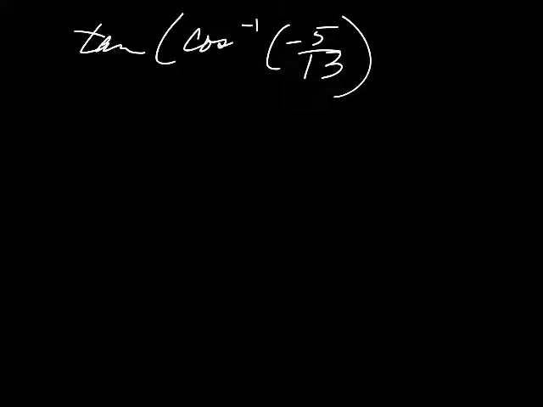So let's look at B of example 5, where we have the tangent times the cosine inverse of -5 over 13. Okay, and because you're so smart, you realize that this negative is on the 5, not the 13, because it's adjacent over hypotenuse.